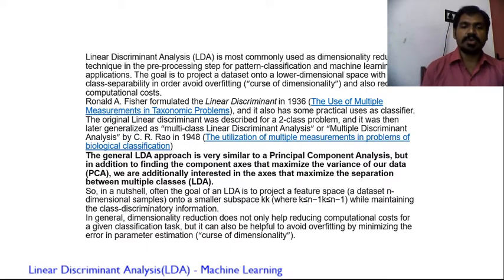So if we have the original feature space, it will be mapped onto a smaller subspace, that is k dimensions. In general, dimensionality reduction does not only help reduce computational cost for a given classification task, but it can also be helpful to avoid overfitting by minimizing error in parameter estimation.